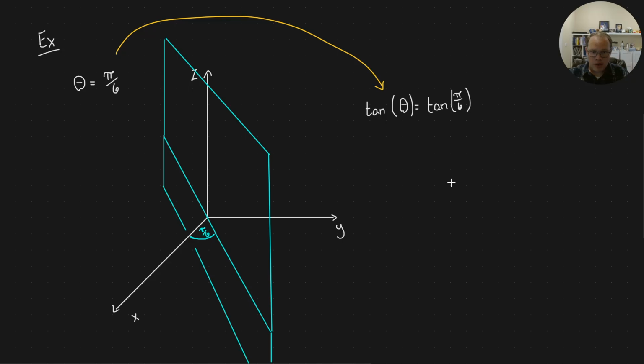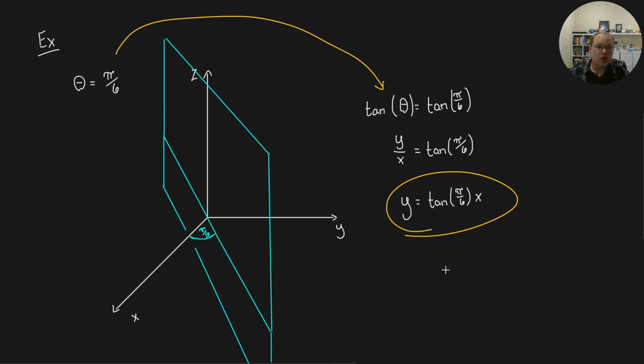Okay. Tangent of theta, we know that's y over x. So y over x is equal to tangent of pi over 6, which means y is equal to tangent of pi over 6 times x.